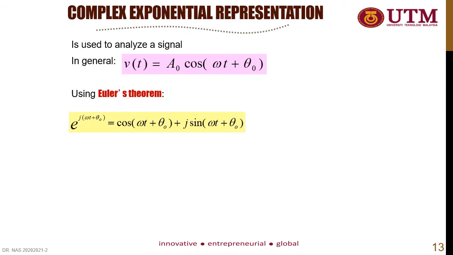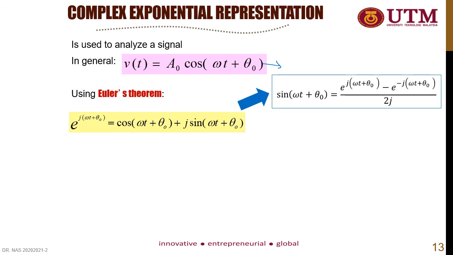Okay, the trigonometric equation can also be represented in complex exponential form by using Euler's theorem. We can get the equivalent exponential form for cosine and sine functions. For sine function, sin(omega t plus theta) is equivalent to e to the positive j of whatever is inside the bracket, minus e to the negative j of whatever is inside the bracket, divided by 2j.